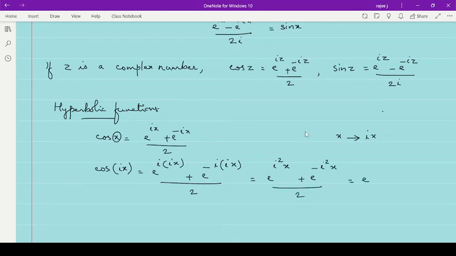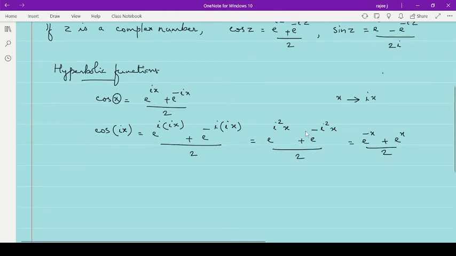I square is minus 1, so e raised to minus x plus e raised to, here minus is already there, i square is minus, so minus minus becomes plus, raised to x, divided by 2. So this is now cos ix. We write this as hyperbolic cosine, cosh x. So cos ix is rewritten as cosh x, read as hyperbolic cosine, equal to e raised to x plus e raised to minus x divided by 2.